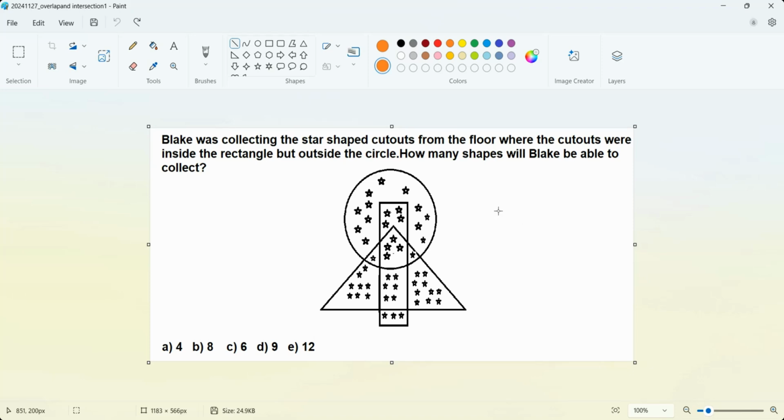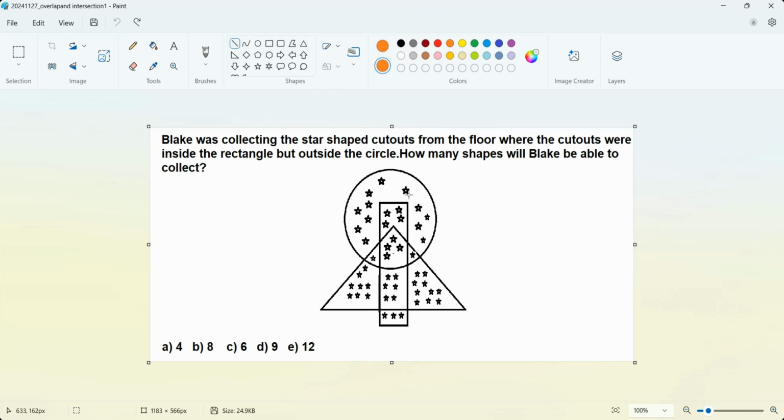So, in the first problem, Blake was collecting star shaped cutouts from the floor where cutouts were inside the rectangle but outside the circle. How many shapes will Blake be able to collect?